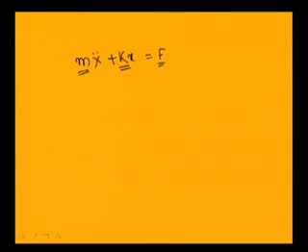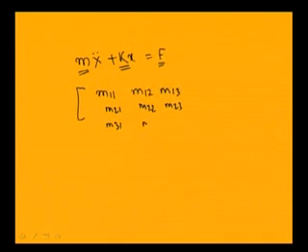Let me write for a 3 degree of freedom system, this mass matrix will look like this: m11, m12, m13, m21, m22, m23, and m31, m32, m33. So, this is the mass matrix for a 3 degree of freedom system.